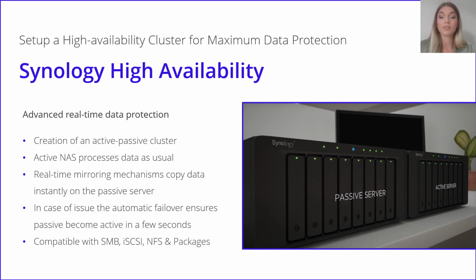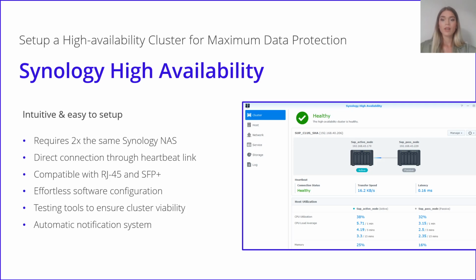And what are the requirements for such a deployment? They are very simple, and setting up a high availability cluster can be done really quickly. You need to have 2 exactly the same Synology NAS, the same models. They're going to be directly connected, with what we call a heartbeat link. The software configuration is also very simple, and everything is automated inside the DSM.